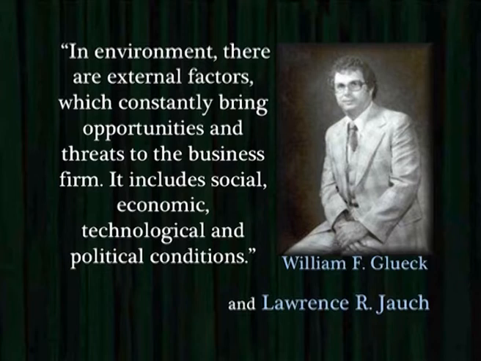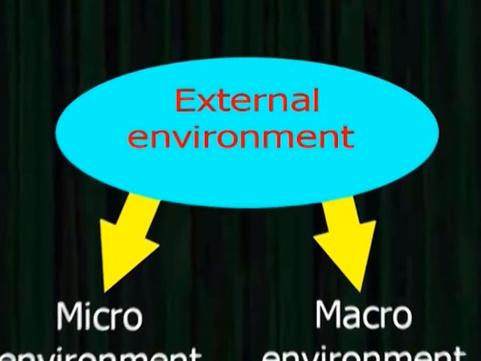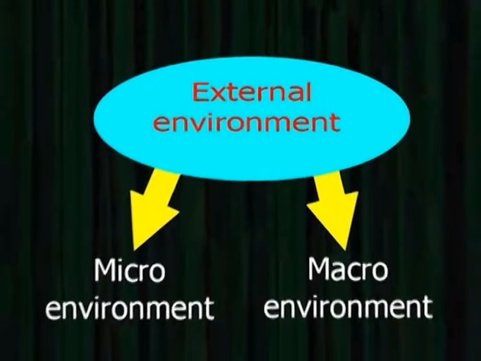It includes social, economic, technological, and political conditions, which means that the external factors like socio-economic, legal, political, and cultural factors bring opportunities and threat to the business and influence the business directly or indirectly. The external environment, as we discussed earlier, is divided into micro and macro environment. Let us discuss the micro environment in detail.